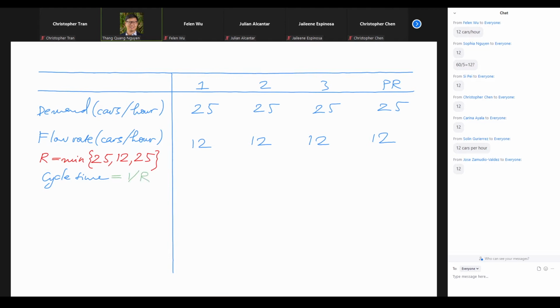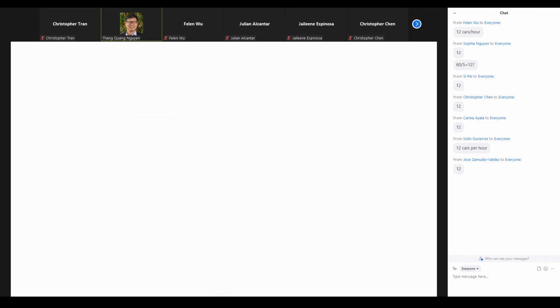Whatever flow rate that we found earlier, we just take 1 divided by that, then we have the cycle time. So let me dedicate one slide for the cycle time because besides the calculation, we also need to interpret the cycle time in the way that we're going to use in the next calculation.